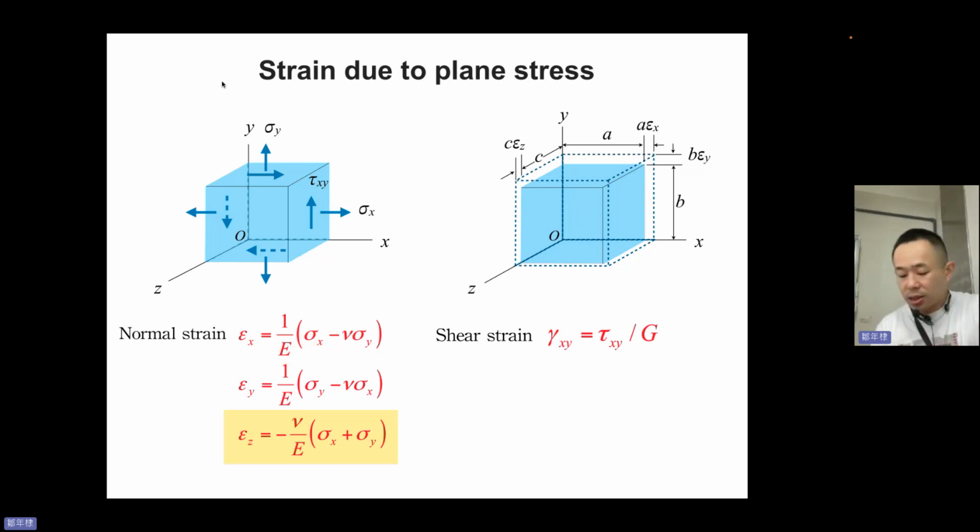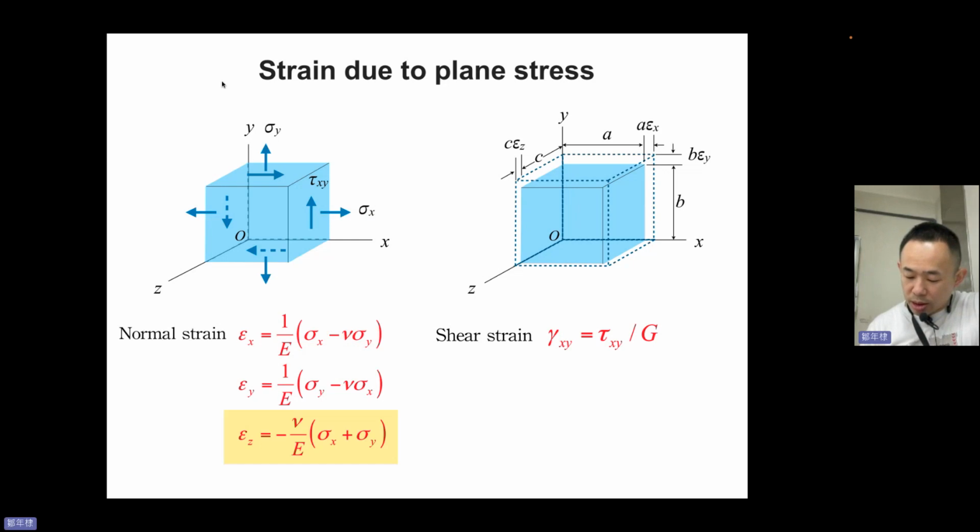However, don't forget your sigma y. The sigma y is a tensile in y direction. However, it will provide the Poisson ratio to compress to make the lateral strain shrink. So it's minus nu sigma y, right?